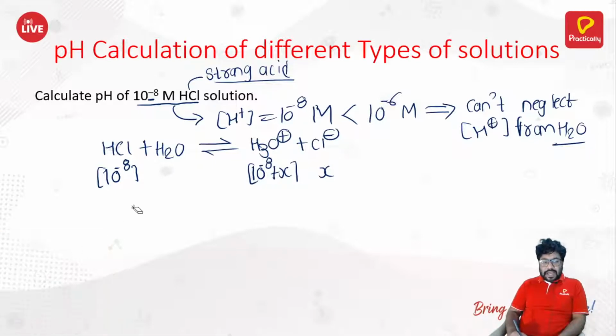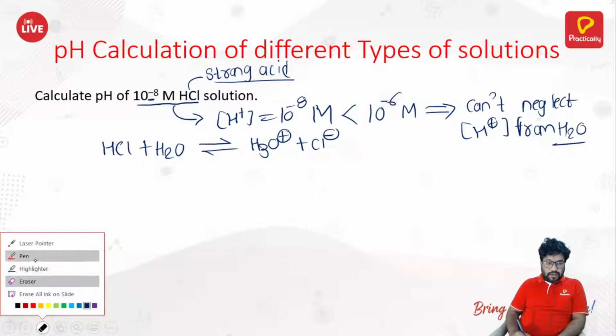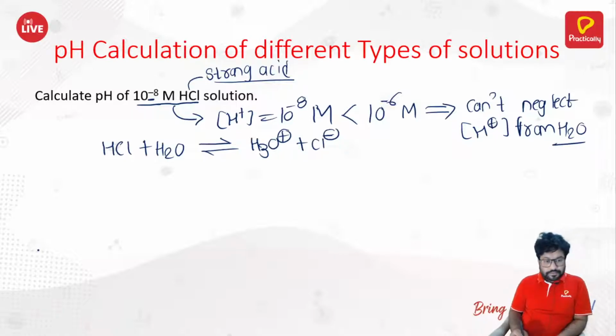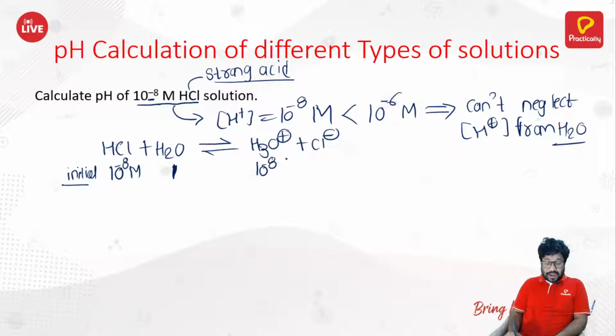Let me write it once again so that you will understand in a better way. HCl is 10 raised to minus 8 molar initially. And suppose water is, let's suppose, 1 molar. H3O plus is 10 raised to minus 8 initially, since water hasn't dissociated as yet. Similarly, let's consider this X only. Now at equilibrium, what will happen?